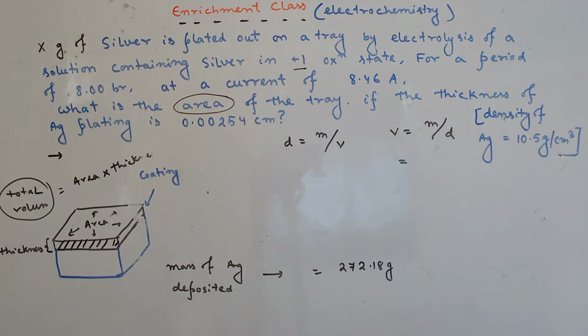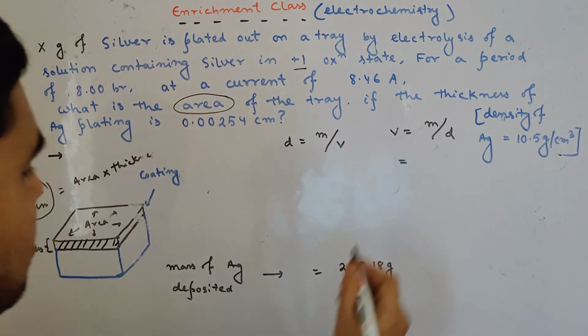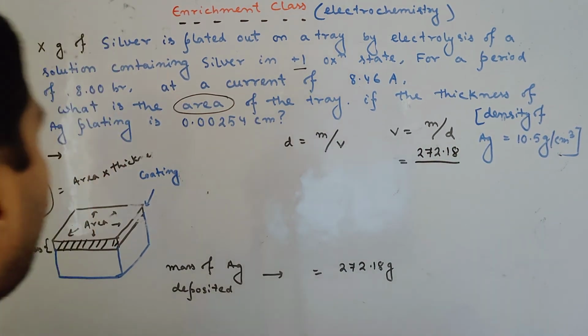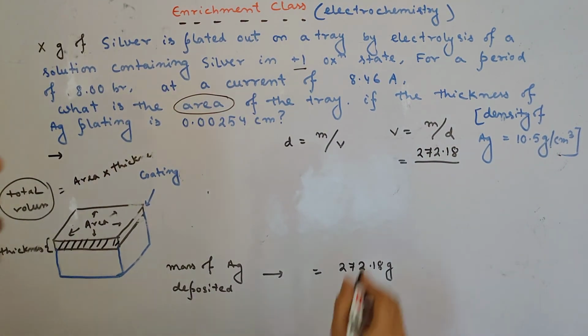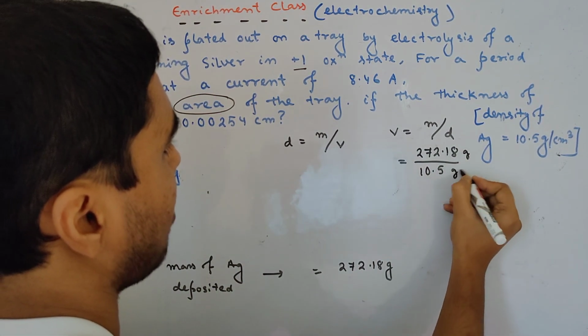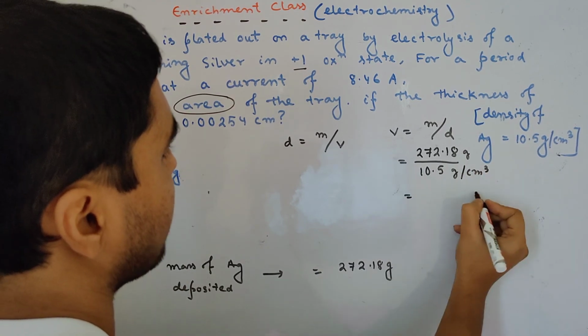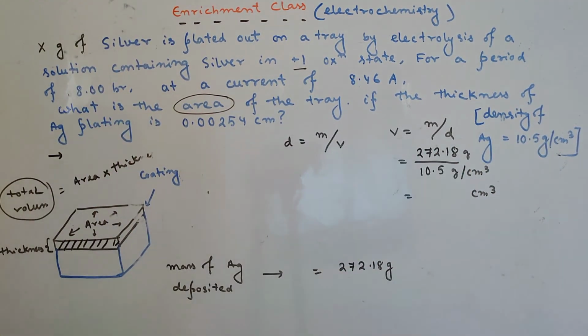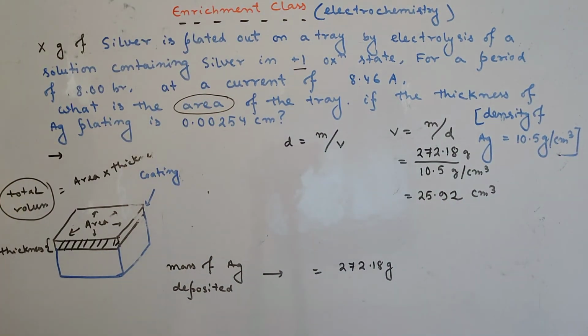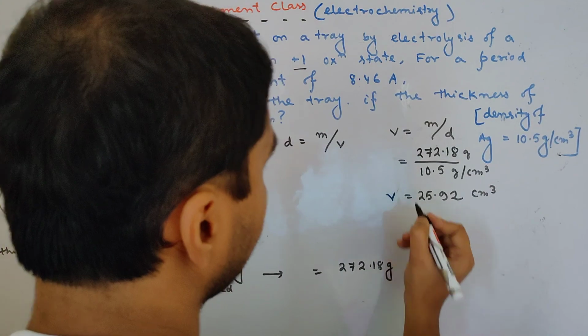Now, mass is 272.18 divided by density 10.5, so this is gram divided by gram per centimeter cube. So the answer will be in centimeter cube. Calculate this part. You should be getting 25.92 centimeter cube. So this is the volume.